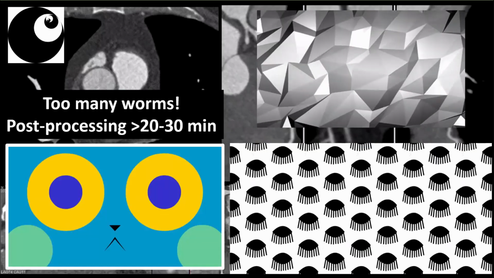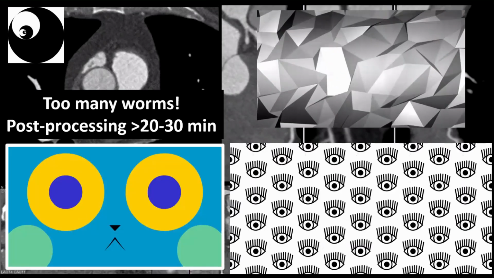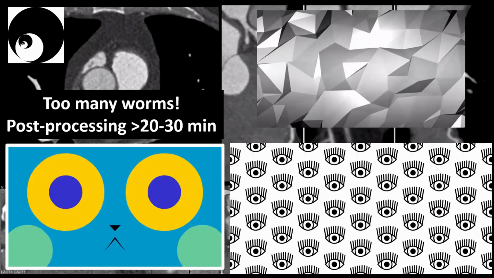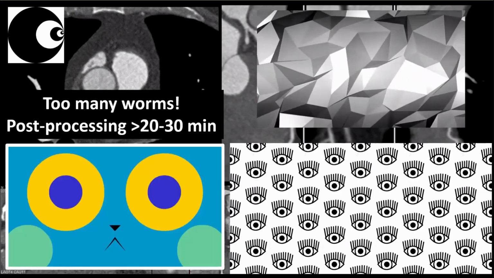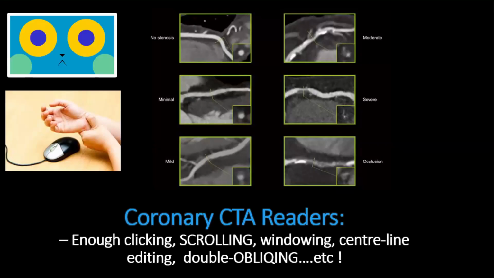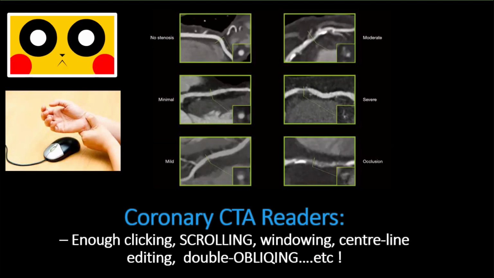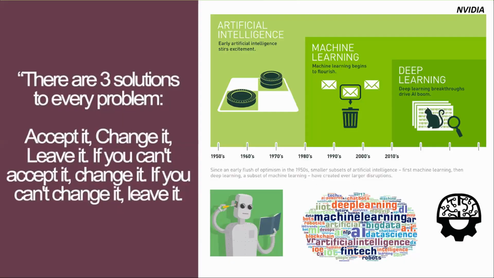But CT is a modality on the rise, and we're getting more and more patients referred. So this is an unsatisfactory situation. Coronary CT readers have had enough of clicking, scrolling, windowing, centerline editing, and double obliquing to just be able to read these images. So, like I say, this is an unacceptable problem.